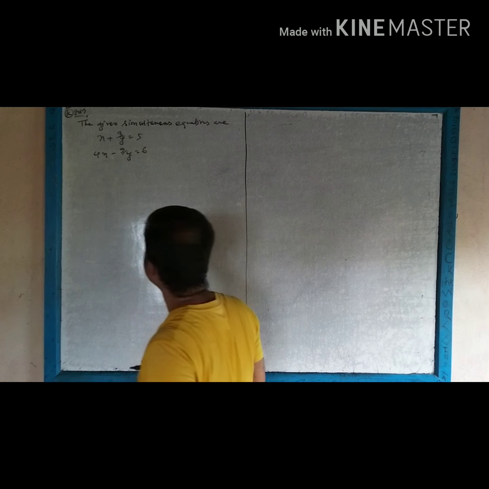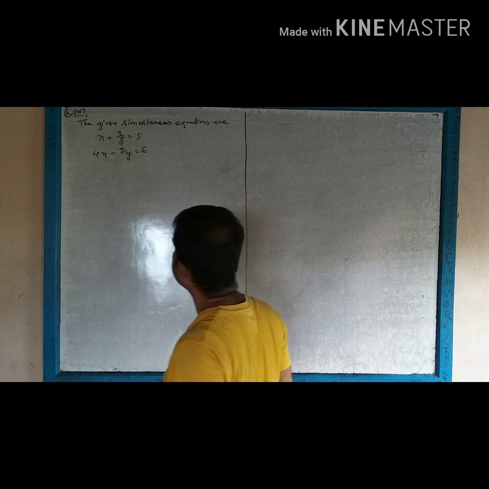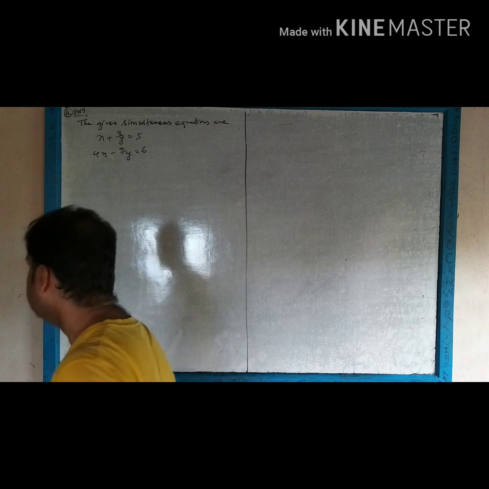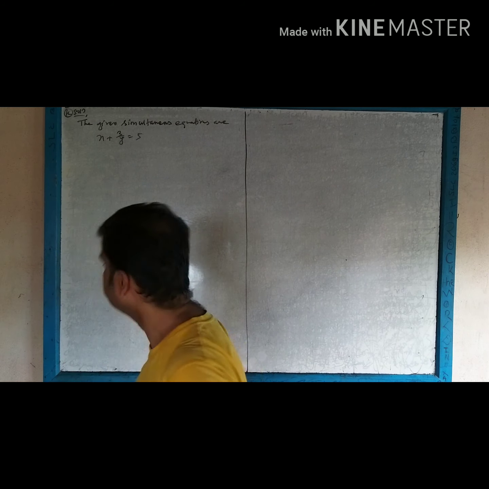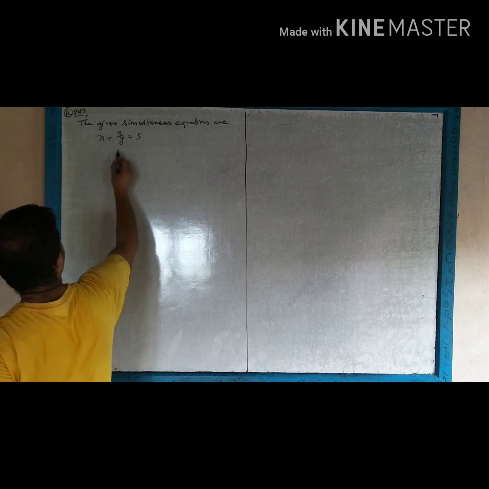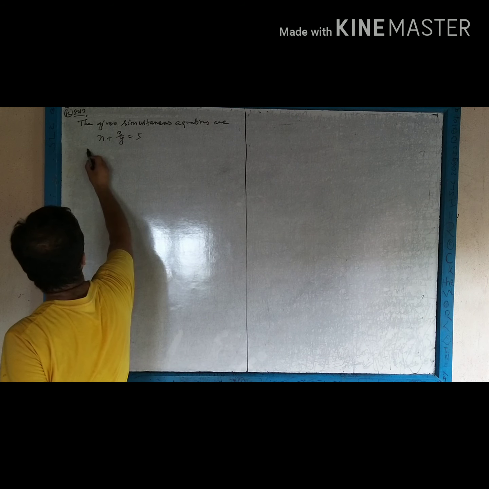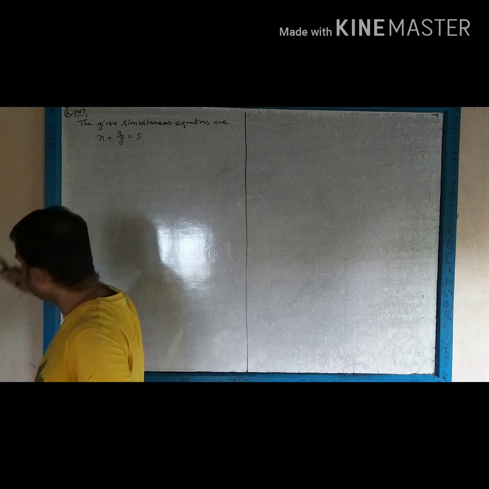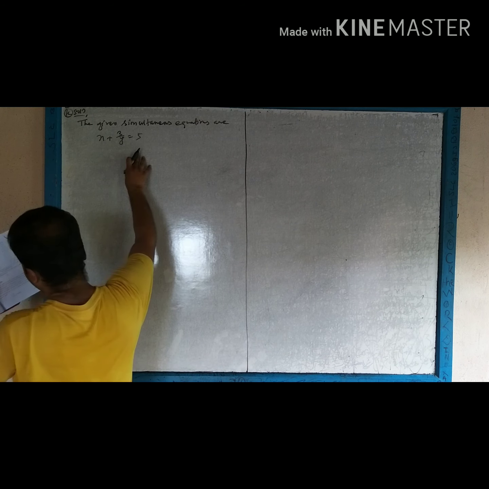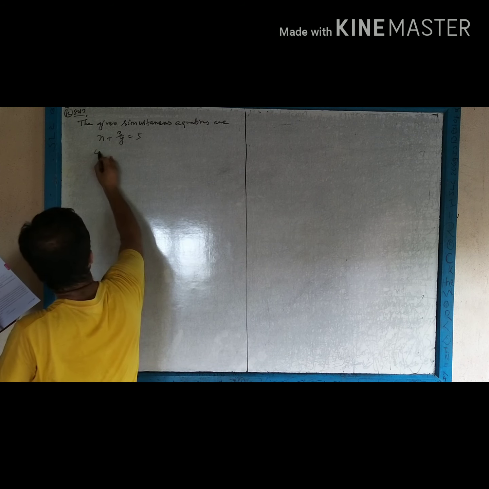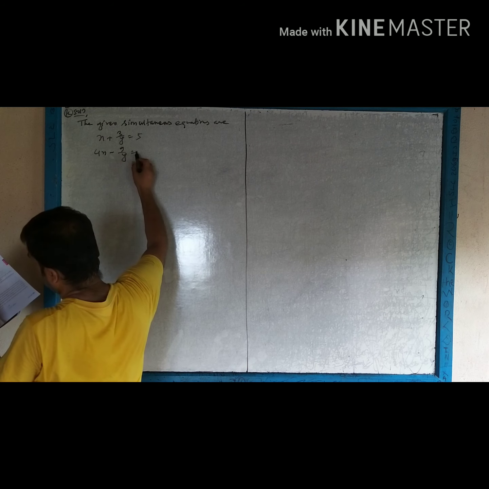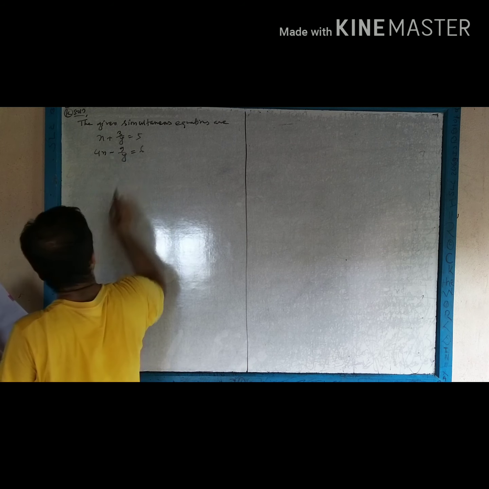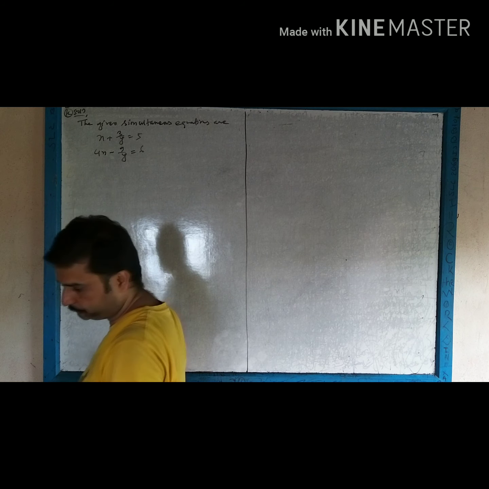Like this, let us convert it. Here first equation, okay, no problem. Then the next equation is 4x minus 9 by y is equal to 6. Two equations we have here.